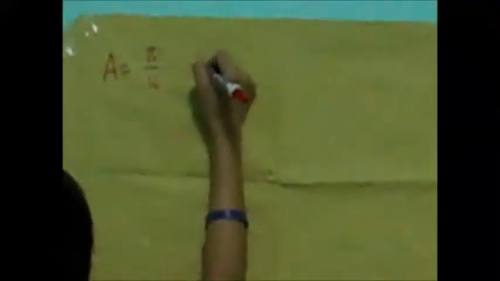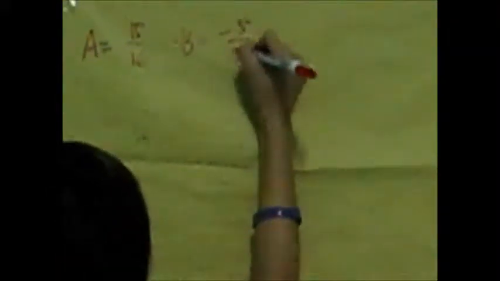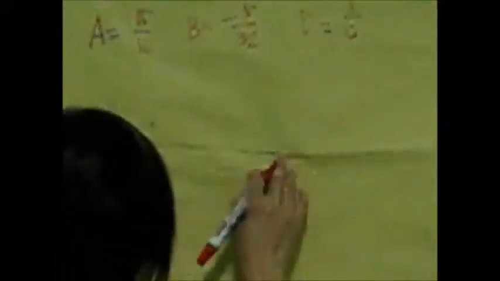We have a value for A, which is 15 over 16, for B is negative 5 over 32, and for D is equal to 1 over 6. We now proceed to the integration.